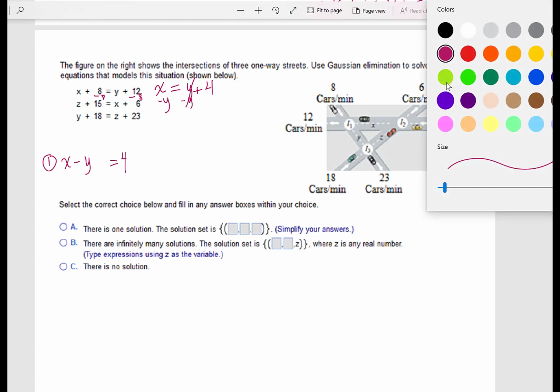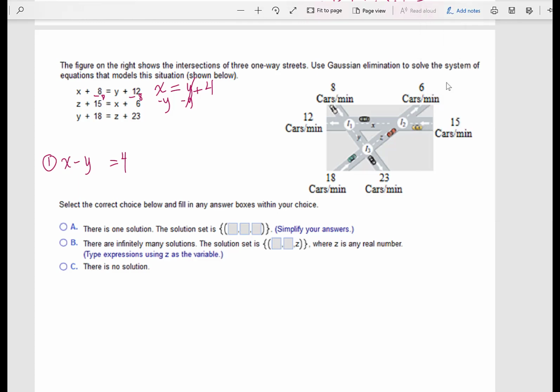And then for my second one, I'm going to subtract 15 from both sides. Let me move over here. I have z equals x minus 9. I was going to say 11, went the wrong way. Minus 9. And then I'm going to subtract x from both sides so that I have negative x plus z equals negative 9.